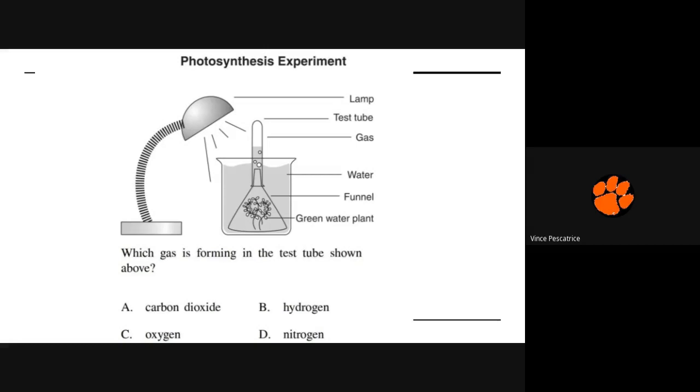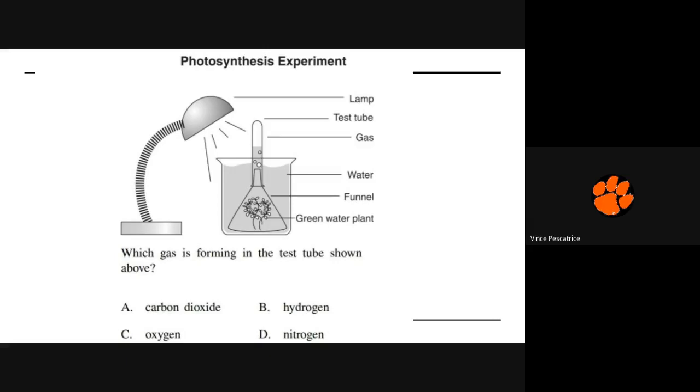So in photosynthesis, plants take light energy and with carbon dioxide produce energy. And as a byproduct, which is something that's left over after the reaction, it creates oxygen.